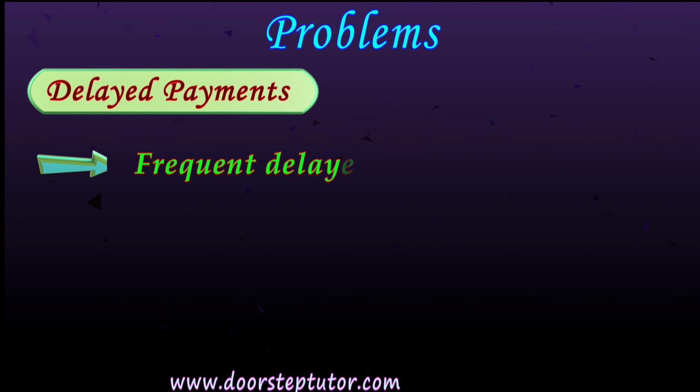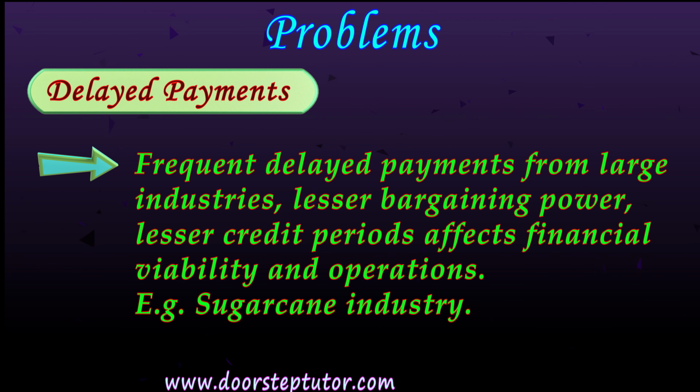Now, frequent delayed payments are there usually by the large industries because credit period is there. So most of the transactions take place on credit. Now, whenever delayed payments are there, the financial viability and operations of the small industries are affected.